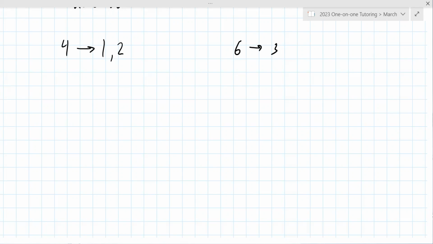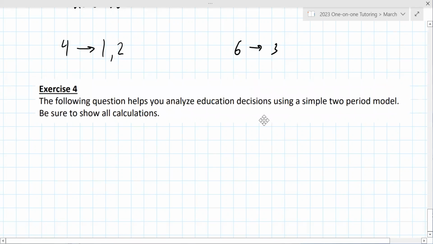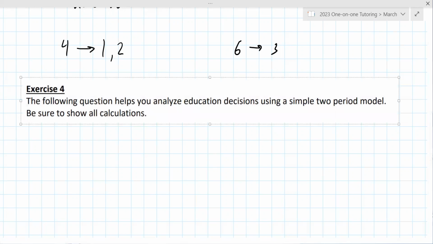Maybe let's try 4 and then 5. 6, I'm pretty confident with, but 4 and 5 could definitely use more practice. Got it.